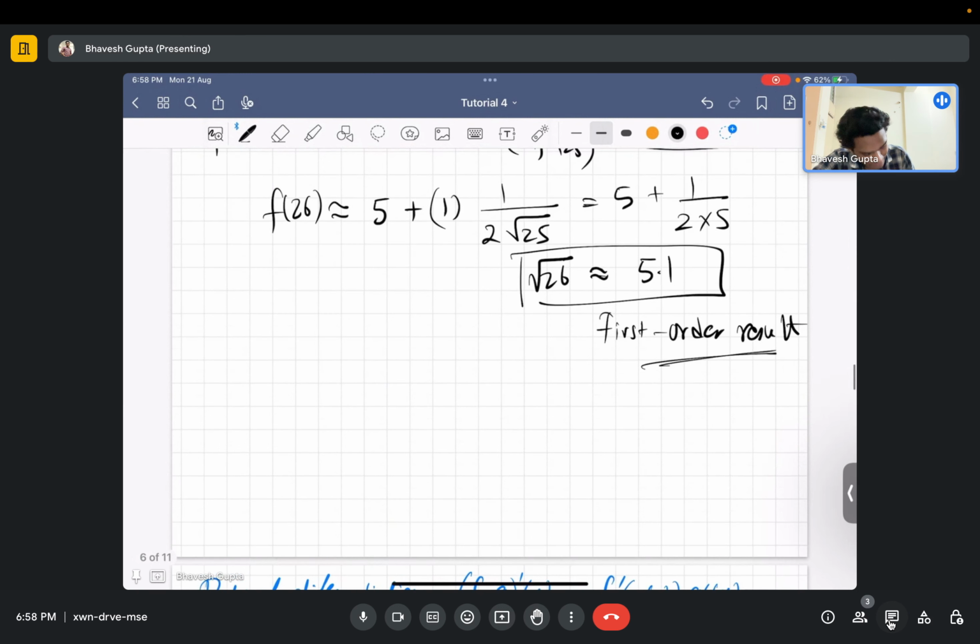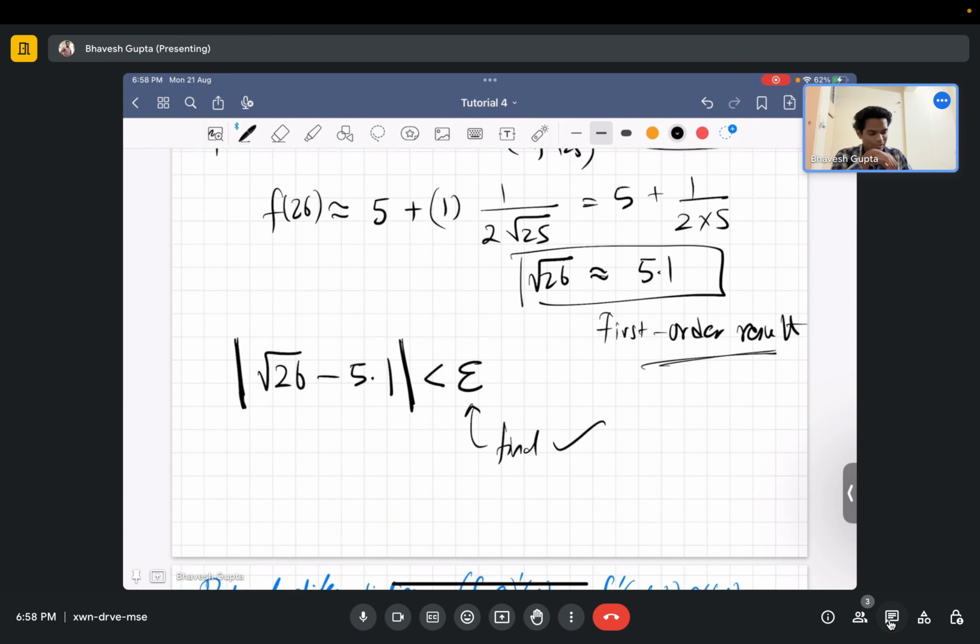So you can write that error as root of 26 minus 5.1, and we can take this difference and we just want this to be less than epsilon. Let's say this is some value, so you can always find this epsilon. This basically tells you the confidence.